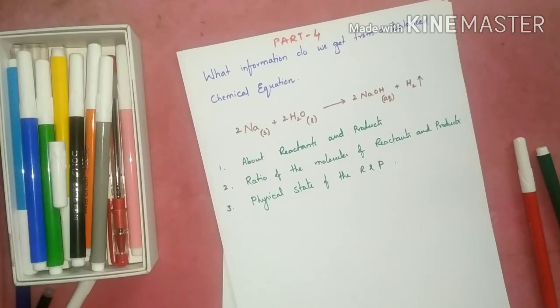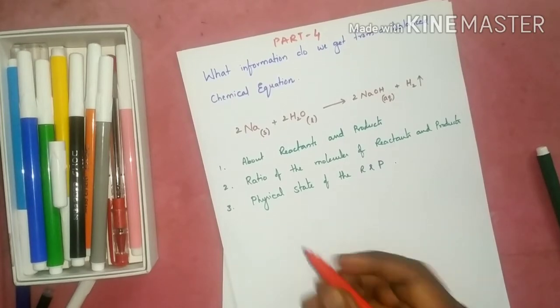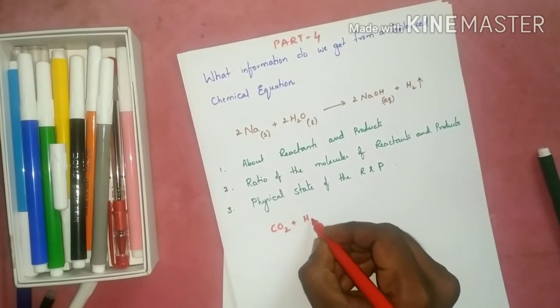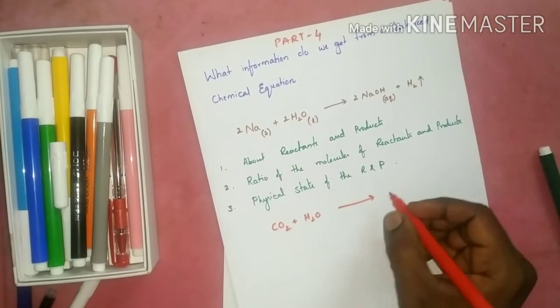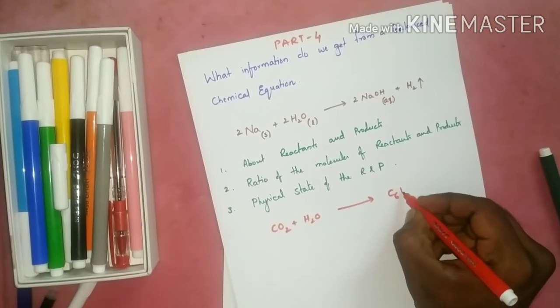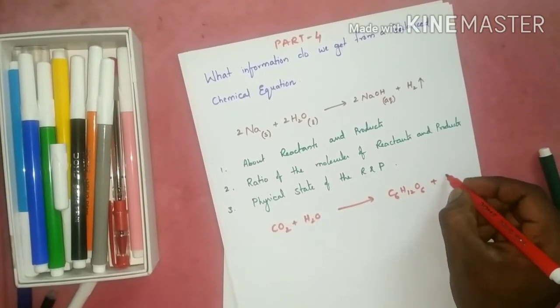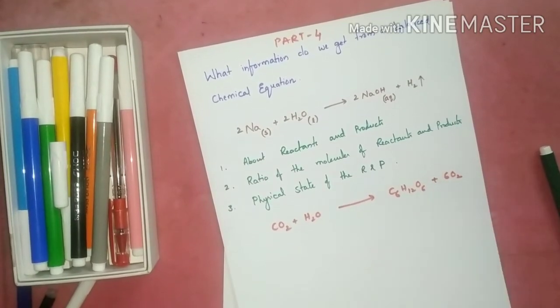A chemical equation also can say under which conditions this chemical reaction takes place. For example, you know well the photosynthesis process, where carbon dioxide combines with water to give C6H12O6 plus oxygen.